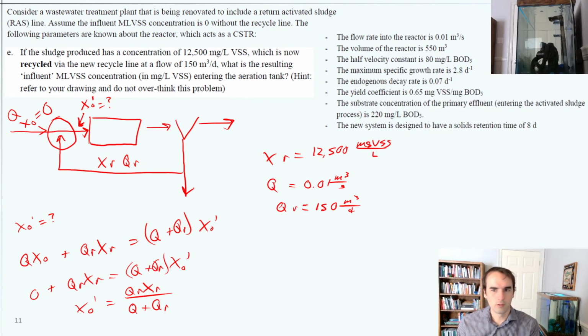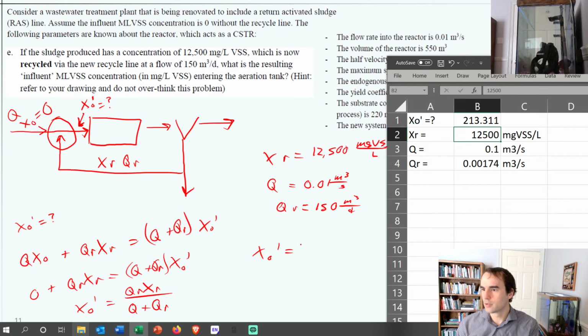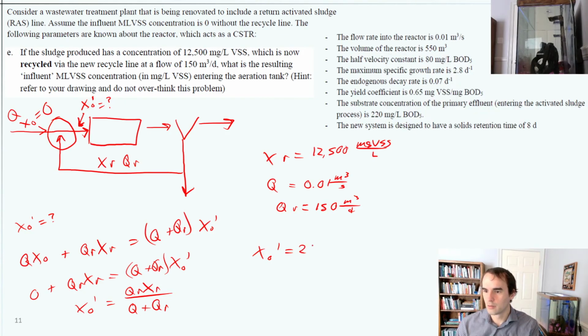So that's going to give us a final X naught prime of, what was it, 213 milligrams VSS per liter.